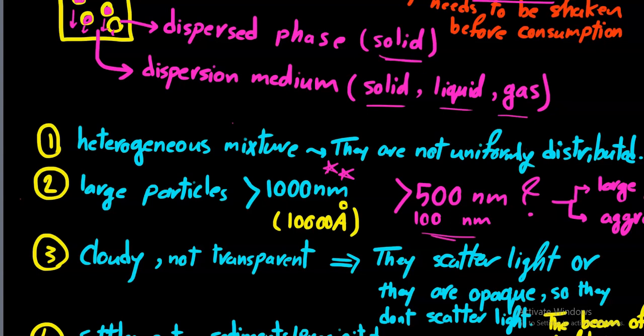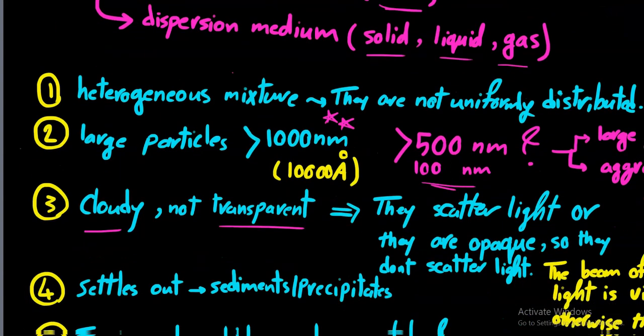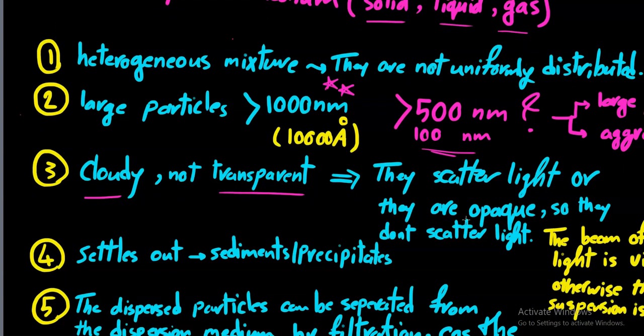As a result of their large size, suspensions are cloudy or not very transparent, and they scatter light. In terms of scattering light, it is really important to understand this. Just suppose we've got a suspension here, a little bit of sand in water or flour in water.